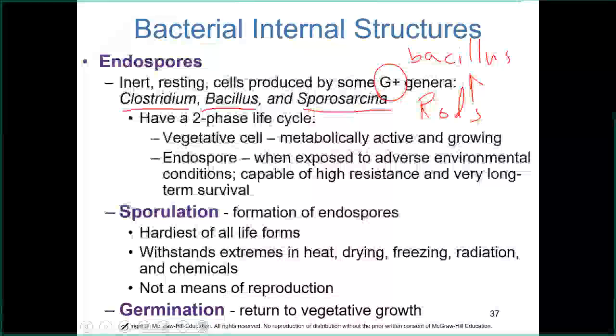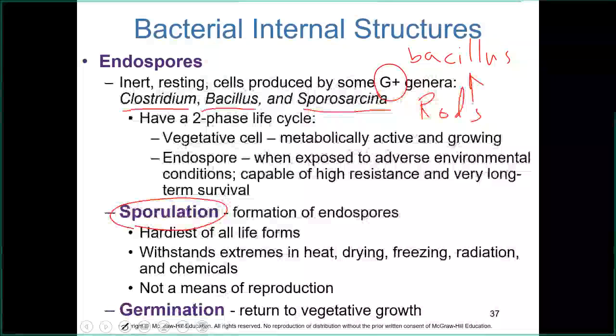Right? And that process of becoming an endospore is called sporulation. Here it is down here, the formation of endospores. When everything's hunky-dory and nutrients are plentiful and temperature's great and everything's fine, and this is typically early on in the growth of a population, there's relatively few individuals.